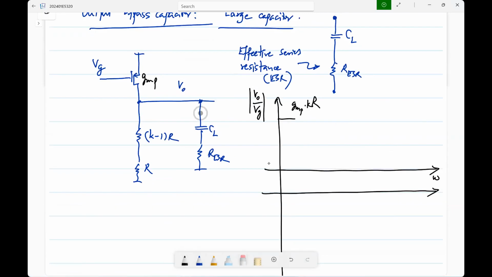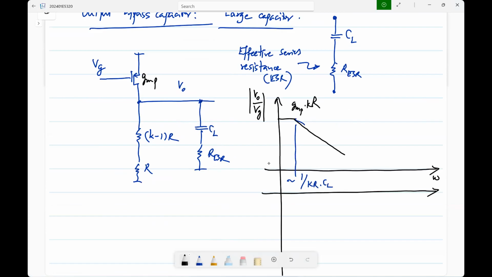Okay, and what happens after that? So basically, we'll assume that this effective series resistance is small. After all, this is supposed to behave like a capacitor. So when the impedance of the capacitor becomes lower than this, K times R, approximately, the magnitude will start falling.